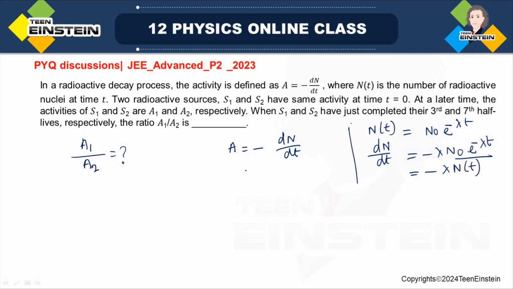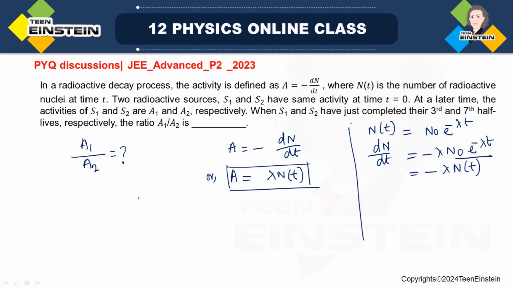So if we put it here, activity is equal to lambda N(t). This is another way of expressing the activity of a radioactive sample, where lambda is the disintegration constant and N(t) is the number of active nuclei in the radioactive sample at any time t.